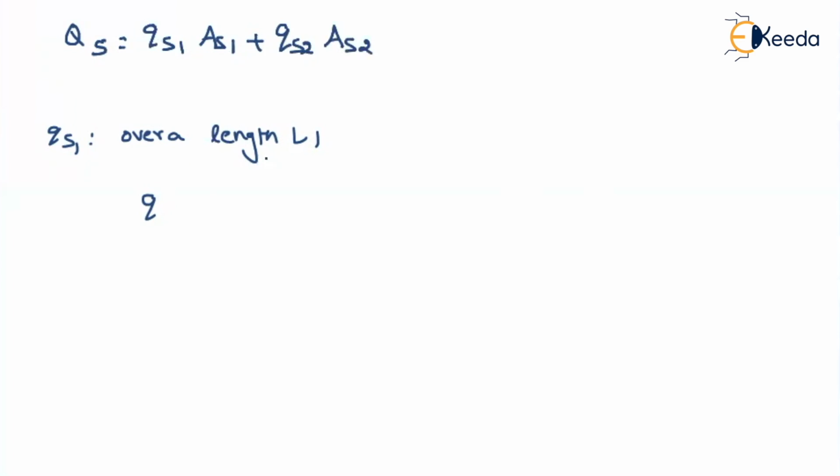What about qs1 over length L1? That will be equal to alpha into C bar. In the part of length L1, the soil and the pile are in contact, so as we have two different materials, it is alpha into C bar. What about AS1? That will be pi into D, the circumference, into the length L1.